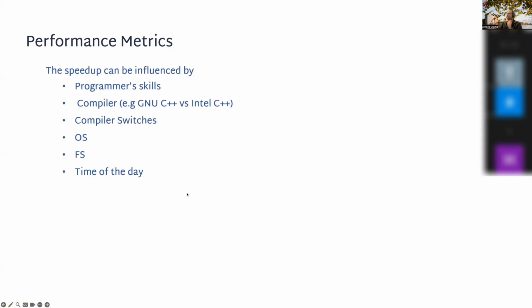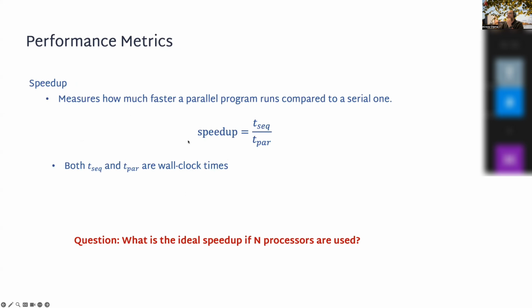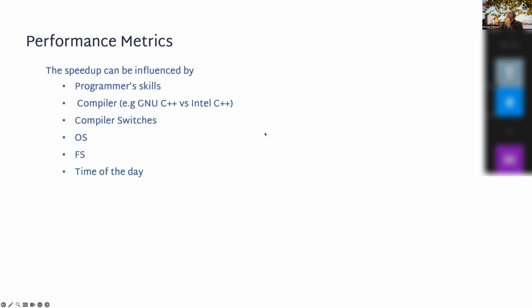So the problem with this speed up formula that I wrote here is that it can be influenced by a lot of things, like the programmer's skills that implemented that code, the compiler. If you use GNU compiler or if you use Intel C++ compiler, you can get different wall clock times. Then it also depends on the compiler switches.